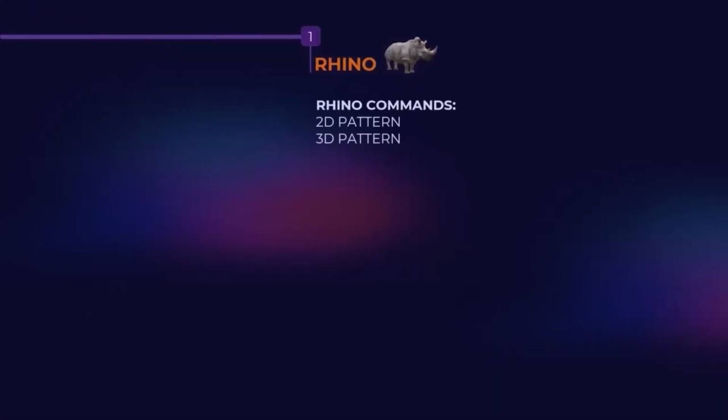In general, by using the Rhino commands, we can create 2D and 3D patterns, and also create some fixed and repetitive modular patterns.